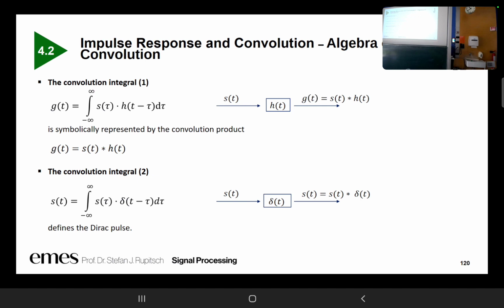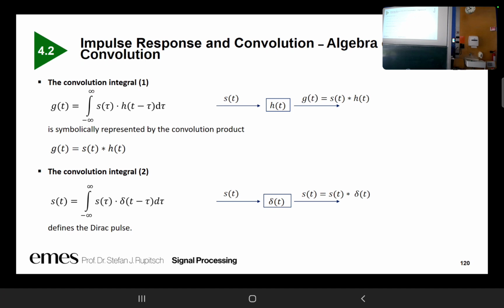If we perform the convolution of our signal with the Dirac delta function, then the result is the signal itself. Because it's the same as in multiplication: if we multiply the input by 1, then the result is the number again.